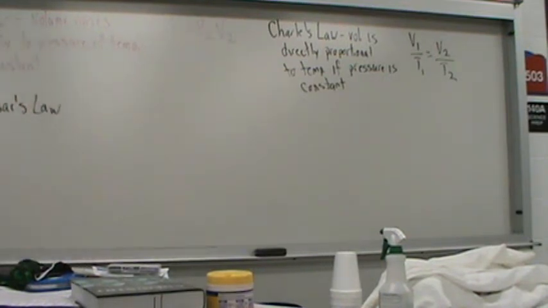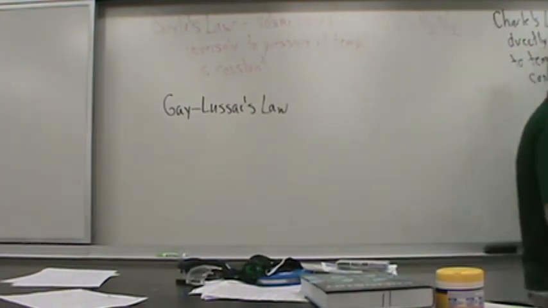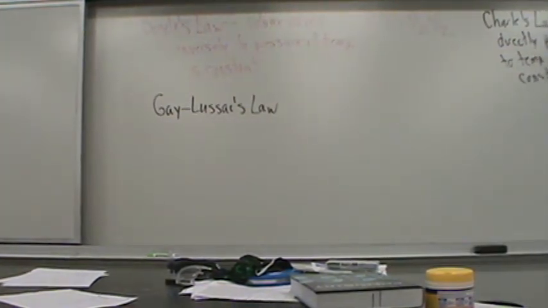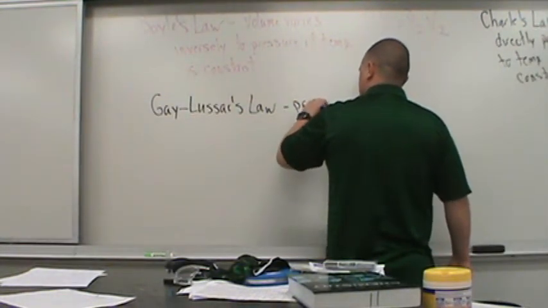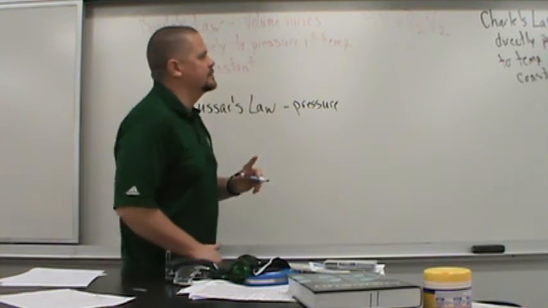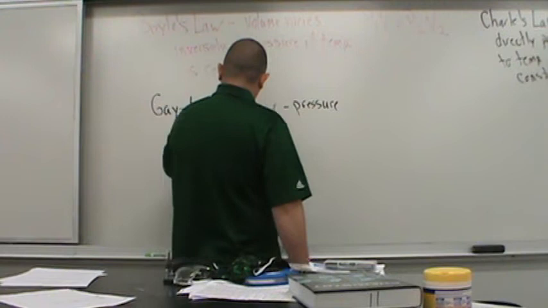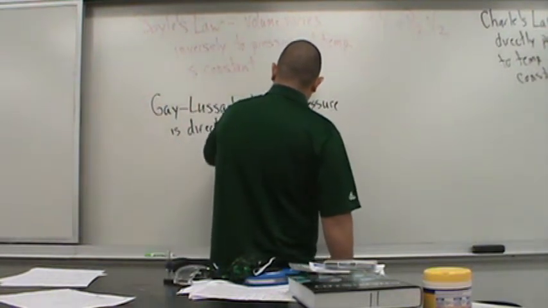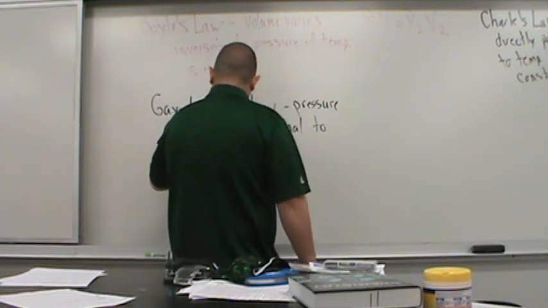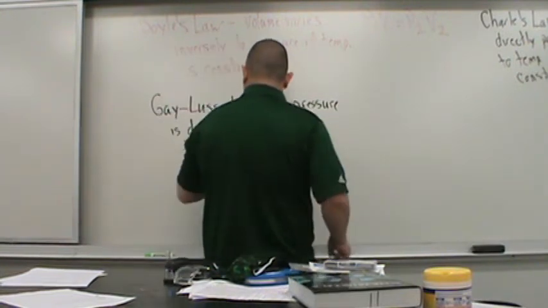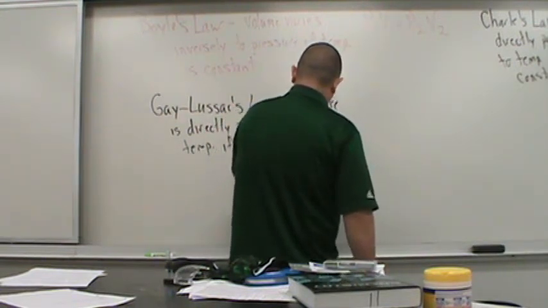Next one is Gay-Lussac's Law. Gay-Lussac's Law is very similar to Charles' Law, but we're going to switch 2 words around. We're going to switch pressure and volume. So pressure is directly proportional to temperature if volume is constant.